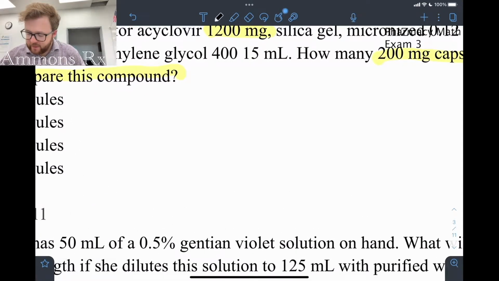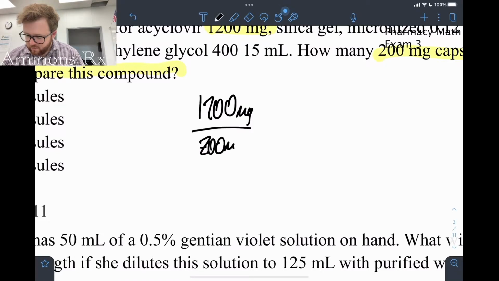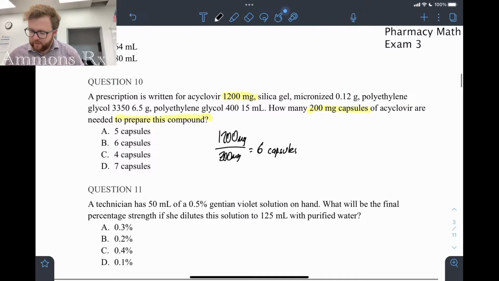So it's literally just 1,200 milligrams divided by 200, that is 6 capsules. That's a lot of words, but basically it's just asking how much you need.